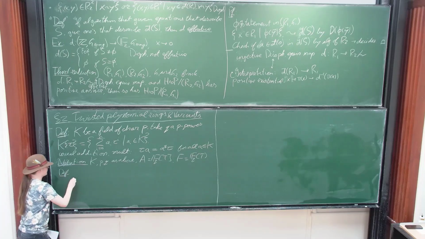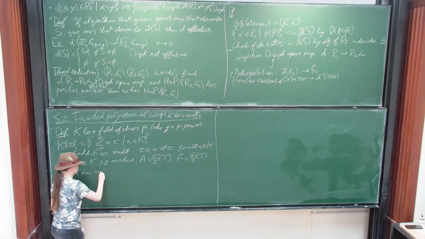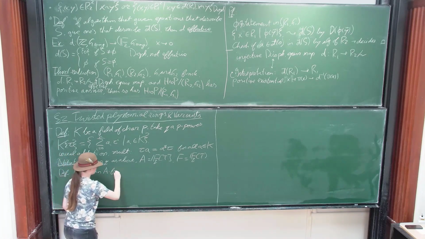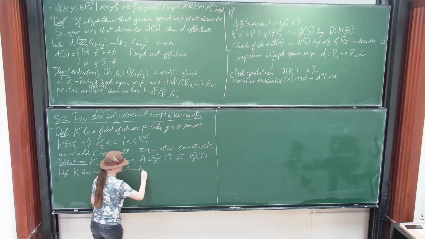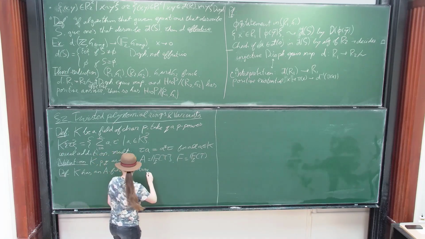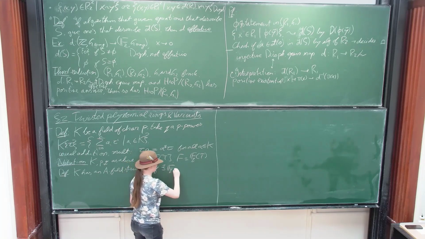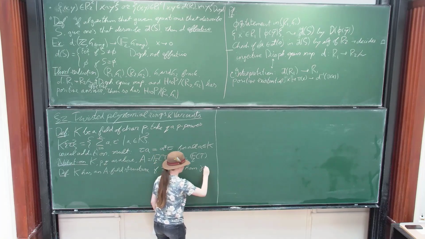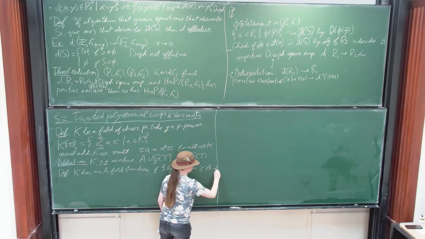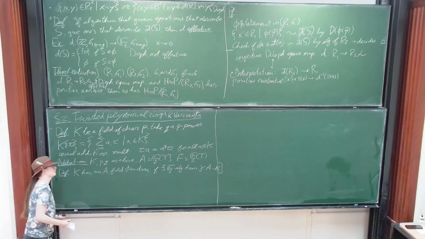We're going to say that K has some A-field structure if there exists some F_q-algebra homomorphism gamma from A to K. And we don't require this to be injective.